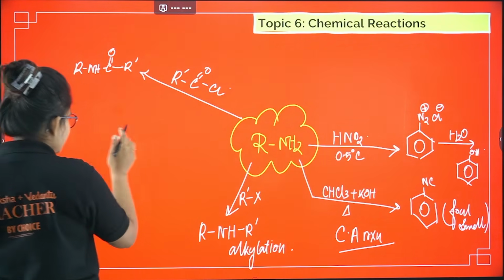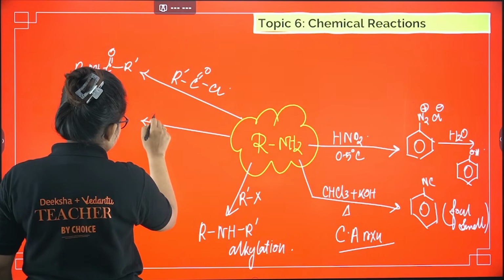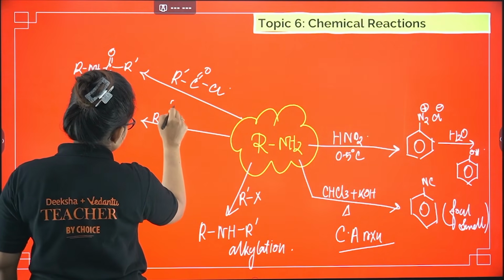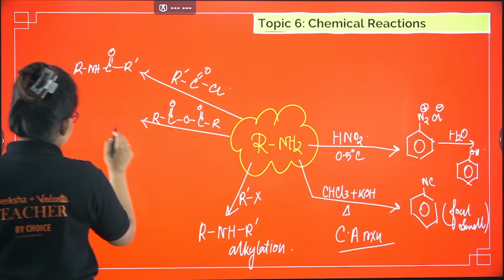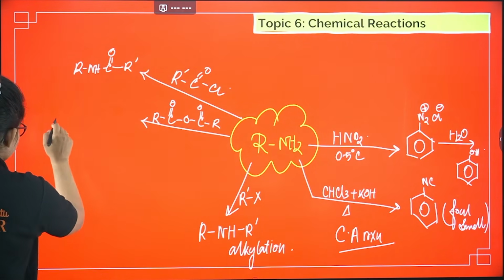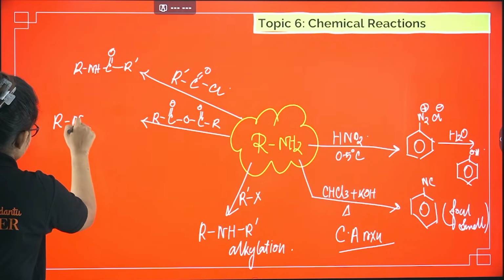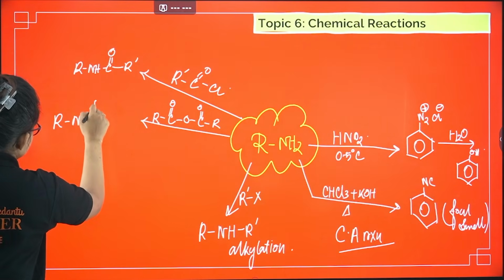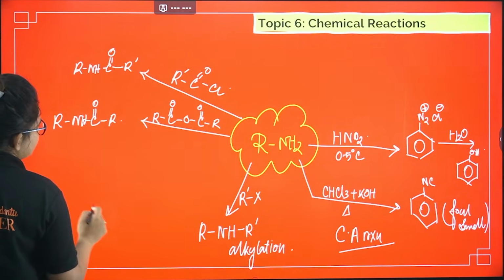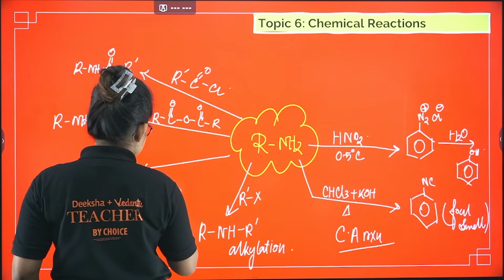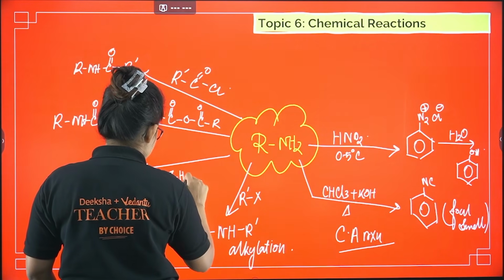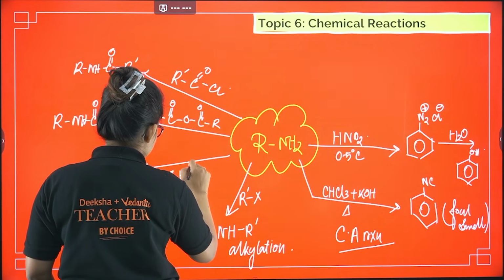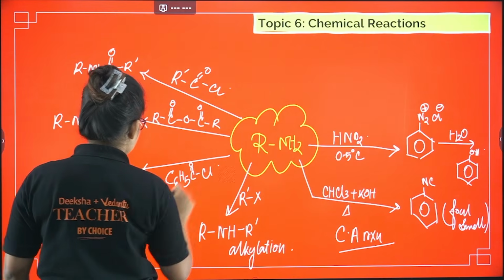A few more examples. You can treat this with anhydride as well, RCOOCOR. Then also you will get RNHCOR. One more example. Let me treat it with C6H5COCl, meaning benzoyl chloride.